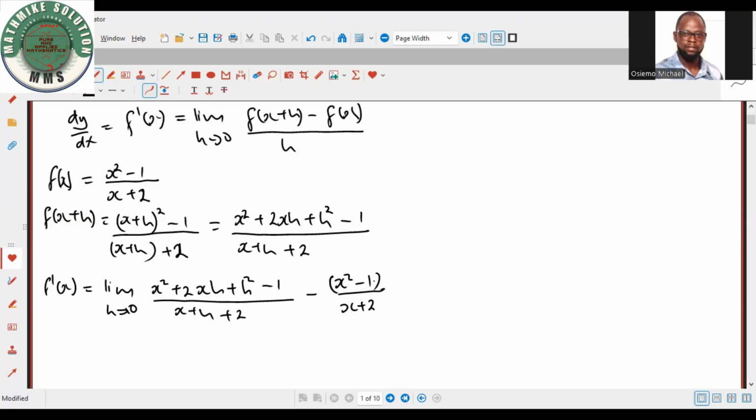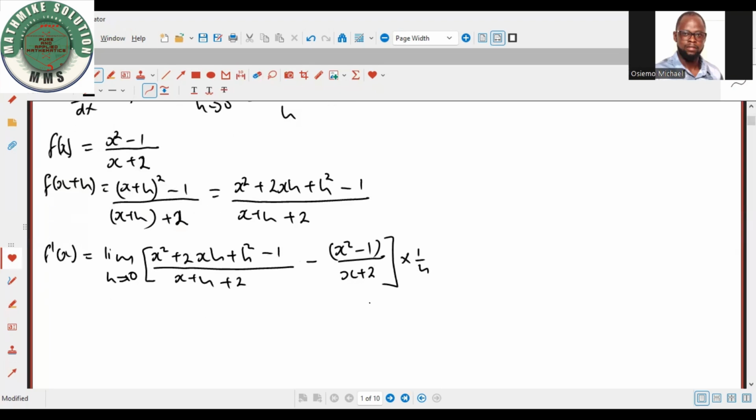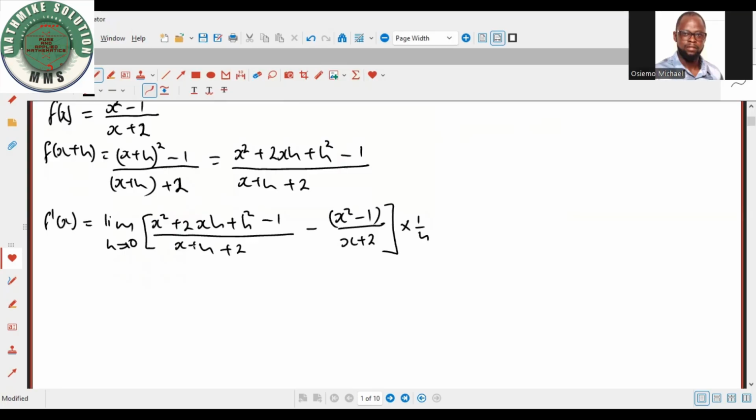And all these we multiply by 1 over h. Then we put these fractions under one denominator, so that we have a single fraction. You're going to find the LCM, which means you multiply the denominators.